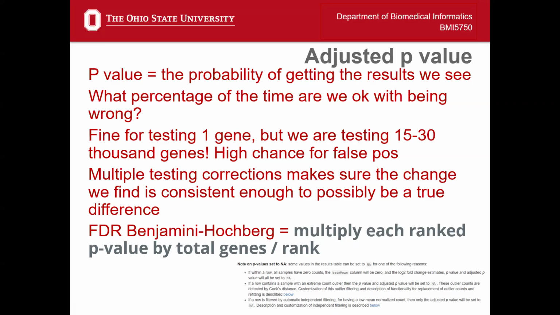So if a row count has an extreme value, like most of the counts are pretty average, but then one or two samples have an extremely big value, then DESeq2 will flag those and say, even though there seems to be a big difference in expression between our two groups, it's because some outliers are there in our data. So we're going to set the p-value to NA and you can ignore those genes. So that's why that happens specifically in DESeq2.